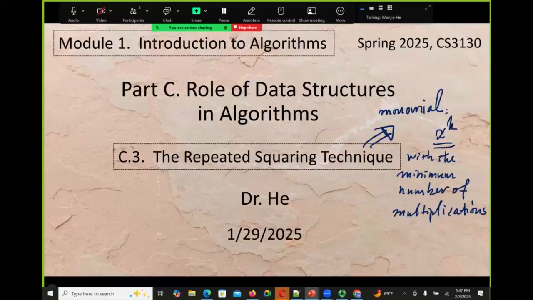We only calculate that monomial. You do not need to calculate a polynomial. One term, and you do not look at the coefficient. The coefficient is 1. But we know that when we use the square operation, we can do it faster. The question is, how do we apply the square operation to minimize the number of multiplications in that calculation?